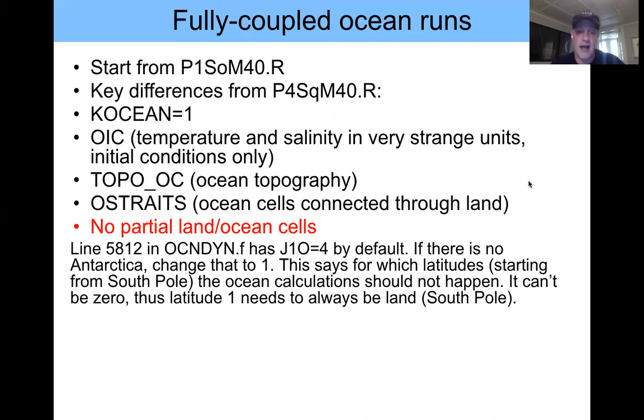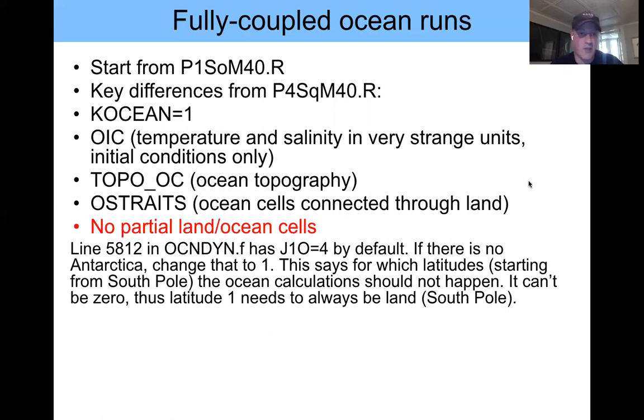And finally, F ocean, that's the ocean fraction, which is either 0 if it's a land cell or 1 if it's an ocean cell. Finally, O straits is a text list of all the straits that connect ocean masses through land cells. And it's basically a list, for each strait, of the coordinates of the strait, the width of the strait, and the depth of the strait.